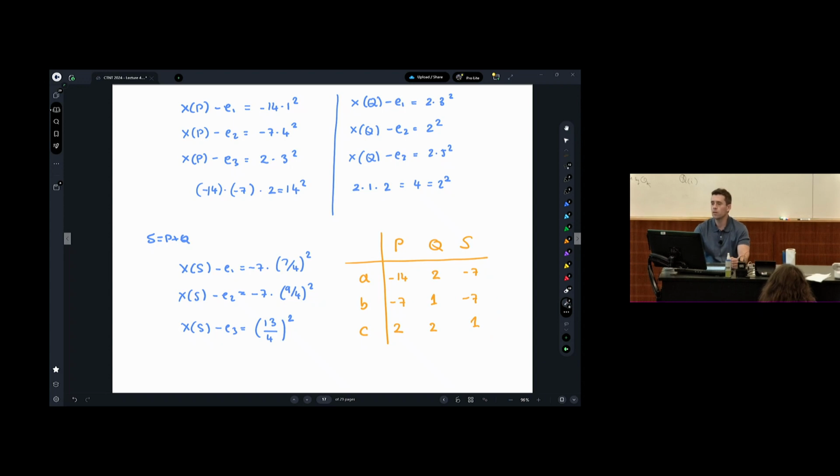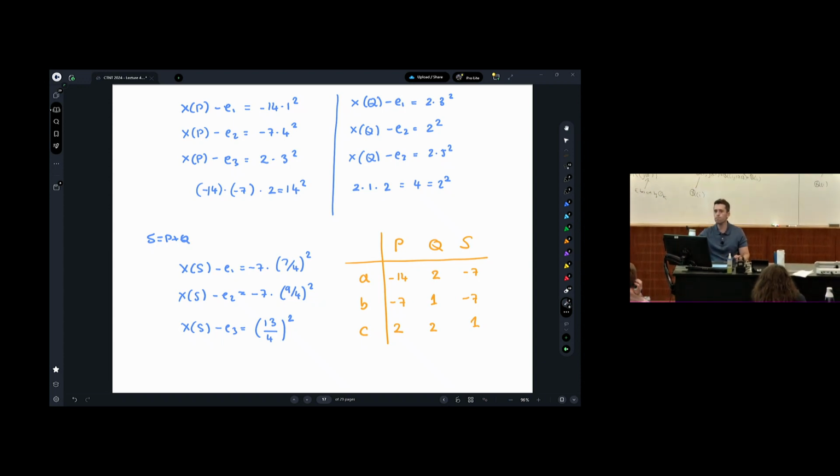Can you tell me if there's a relationship between this column and these columns? P divided by Q equals S, multiplied together gives S. Let's see, minus 14 times 2, that's minus 28. That is not right.